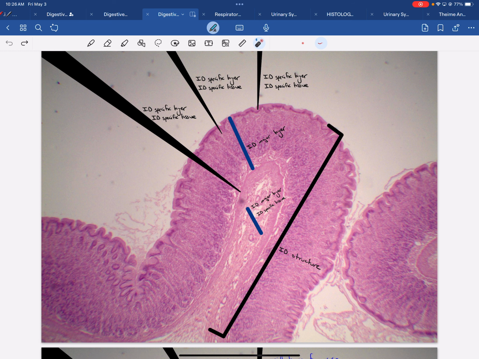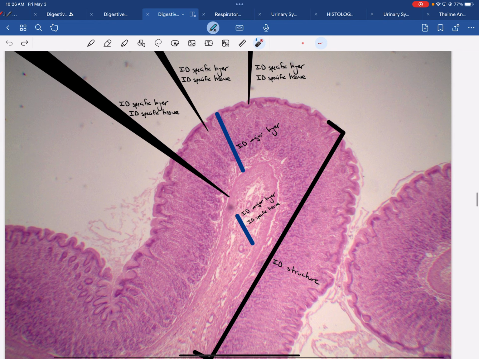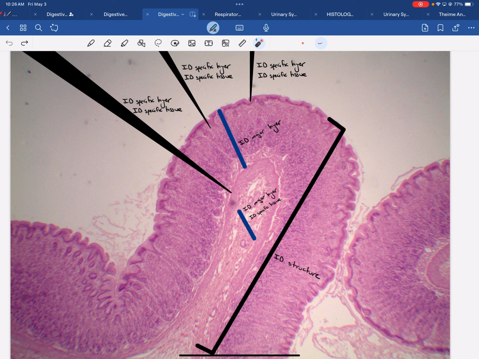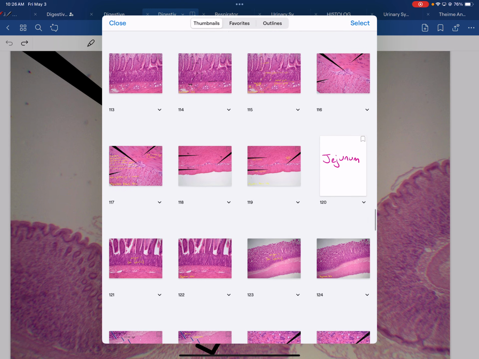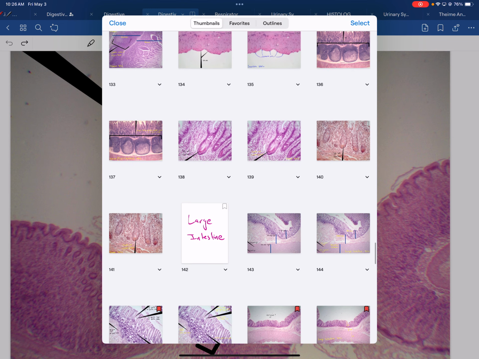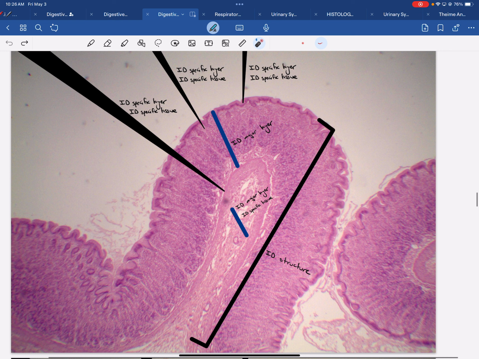Which organ? Okay, so which layer is this?